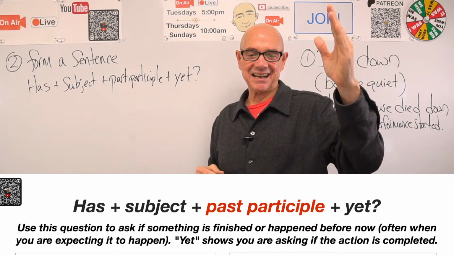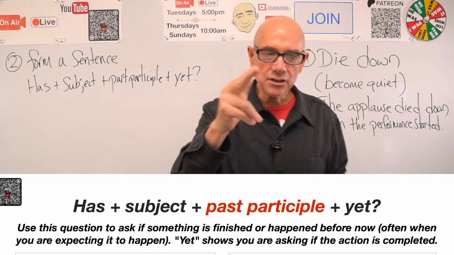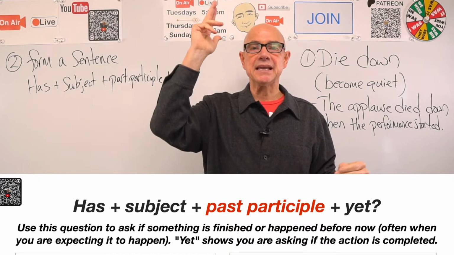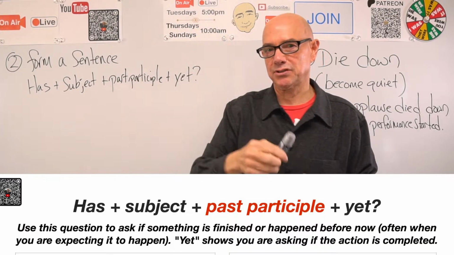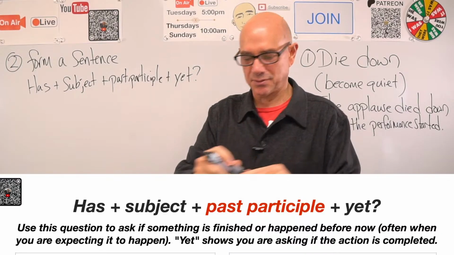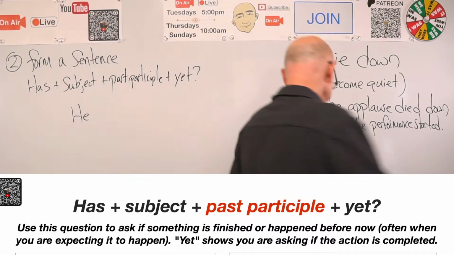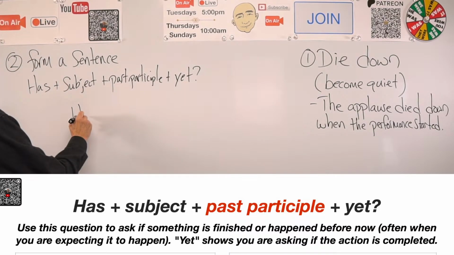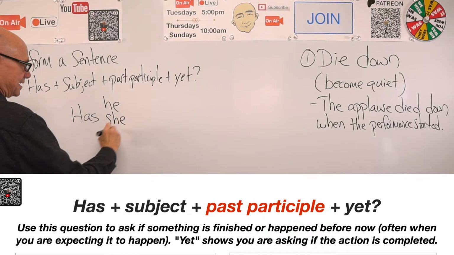Irana, we can't use has with you. So if you're going to use you, it needs to be have, right? So has is with the third person, have is with first person or second person. So here, has he, she, it.